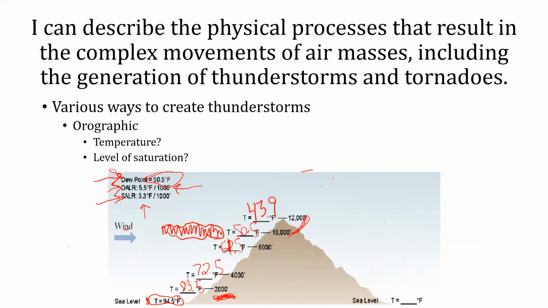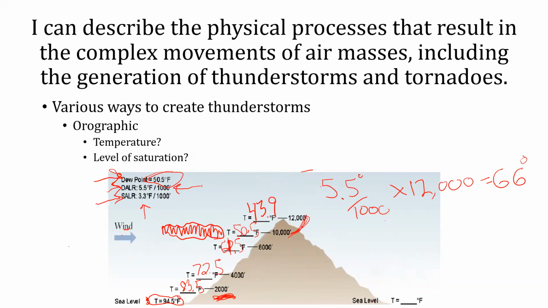And so we can either do 5.5 degrees, yeah, we'll just write that one down. 5.5 degrees per 1,000 feet times 12,000 feet, which does still, as someone verified, equal 66. I believe so.